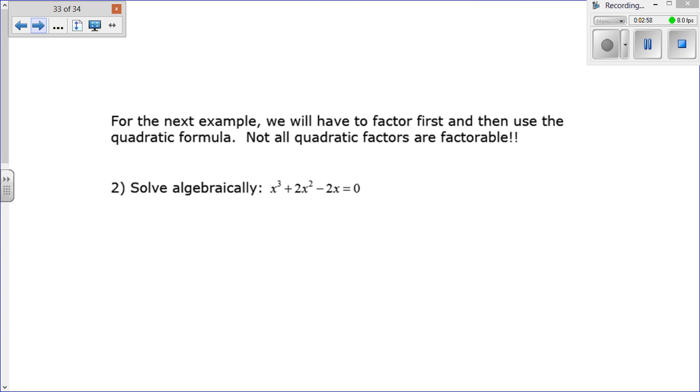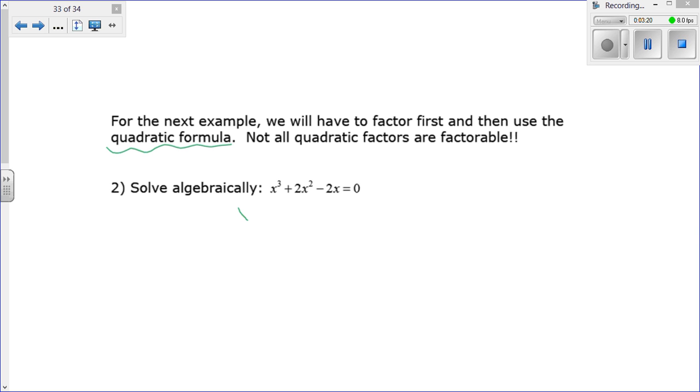For the next example, we will have to factor first and then use the quadratic formula. Not all quadratic factors are factorable. So this does not have an even number of terms, and that's one of the clues that you're not going to be using factor by grouping. First thing I need to look for is a GCF.